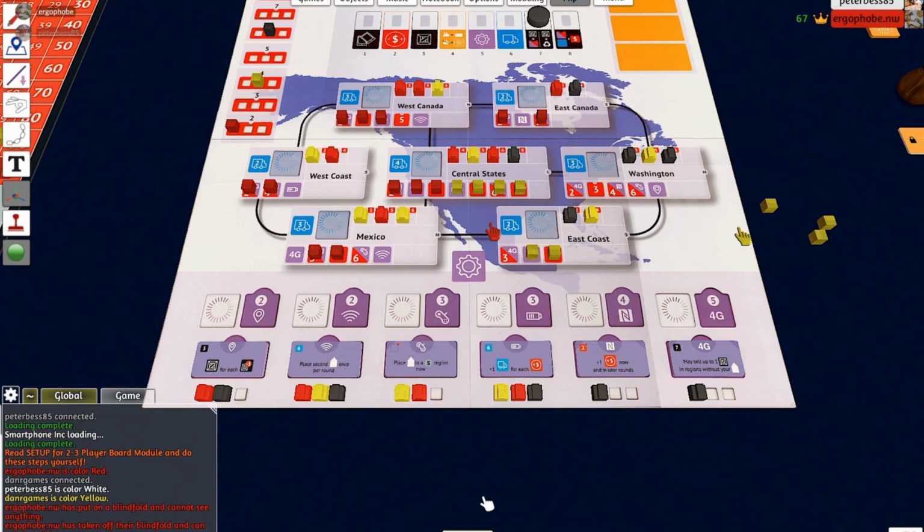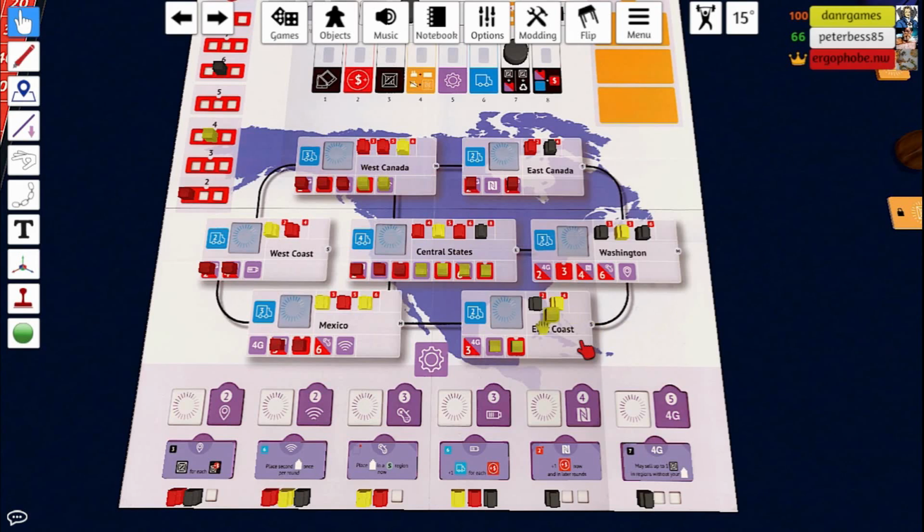So I actually can't fight Pete in the one other area that I can fight him for. The only technology he doesn't have is games. I can only go to these spaces. Wi-Fi. Games. Yep. All right. Well, I sold all my cubes. I can't believe I let you have Central State. I screwed that up.